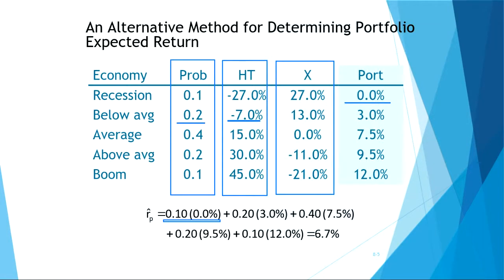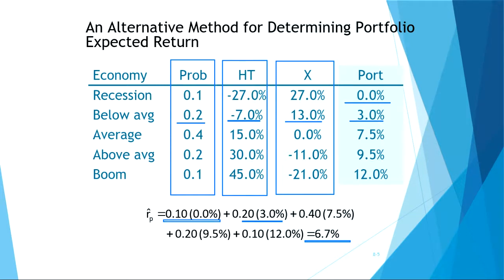Let's take the average of these two, which is 3% for the portfolio, right? Here is the 20% probability, 3% portfolio, and do the same thing for the other cases, right? Then you can calculate the 6.7% expected return of this portfolio. So we have two ways to calculate it.